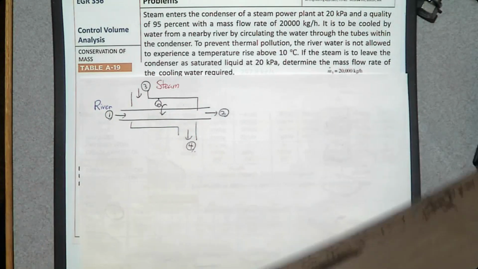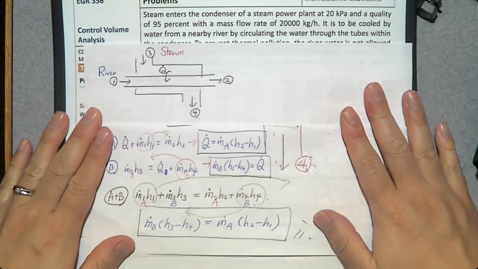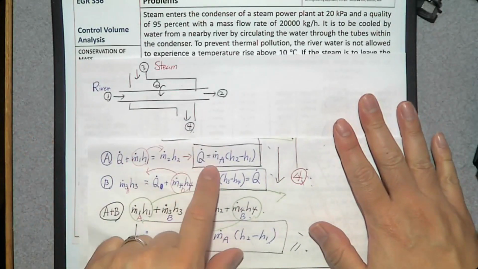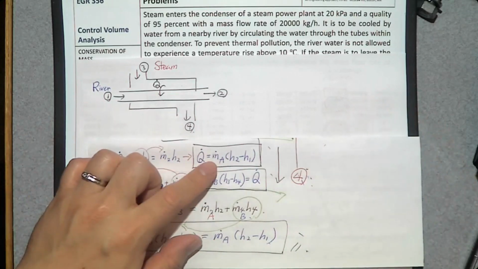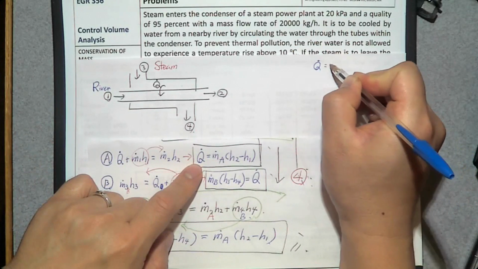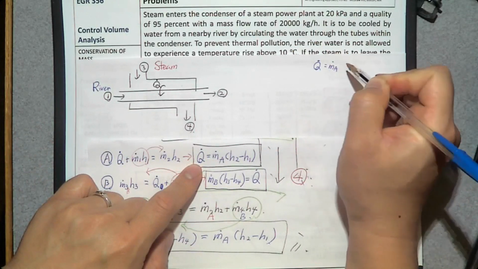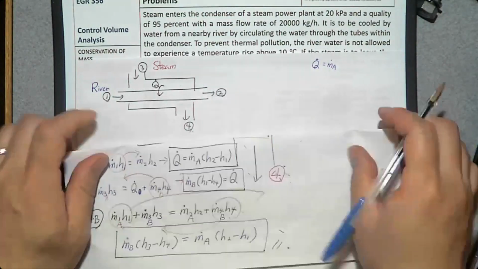Let me reuse the energy balance equations. Since you already know how we got these energy balance equations, let me rewrite them here. The first one is Q dot is m dot A times h2 minus h1. What is A, by the way? A is the river water.